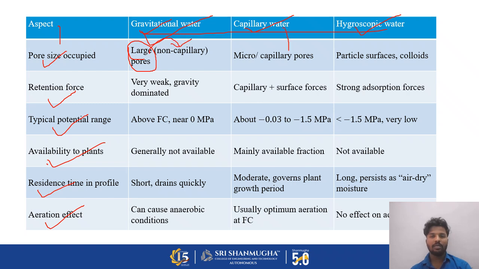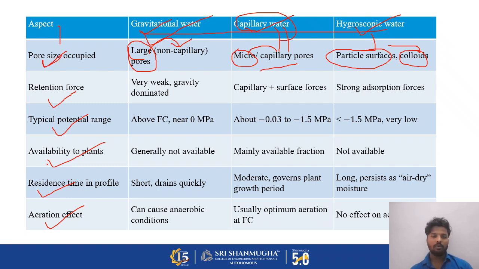Then capillary water is present in the micropores. These micropores are called capillary pores, because the water present in the capillary pores is called capillary water. Then hygroscopic water is present on the surface of the soil particles or in colloidal forms. So this is the first aspect, the pore size.